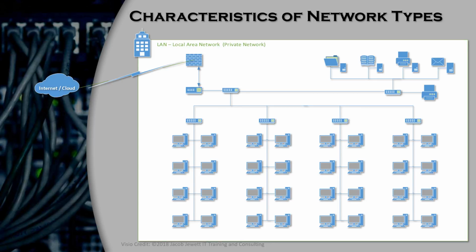So the important thing to know about LANs, and we're talking about local area networks, is that typically local area networks are private networks. You will not find a public local area network unless a business has decided to allow external customers to connect to their network.